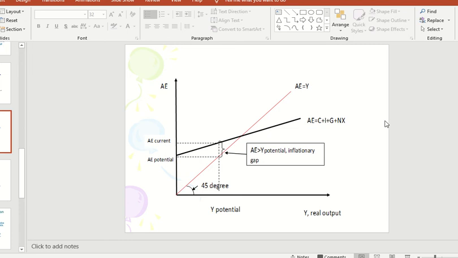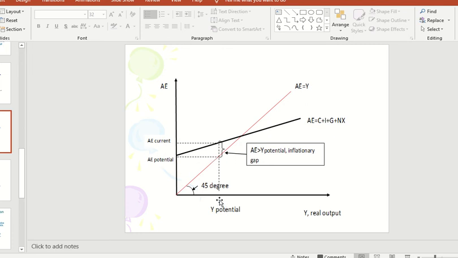Suppose the economy were to produce the potential output level. If you extend it to the 45-degree line vertically and then horizontally, this is how much spending is needed to support this much being produced. But you can see that we would not have spent that little.